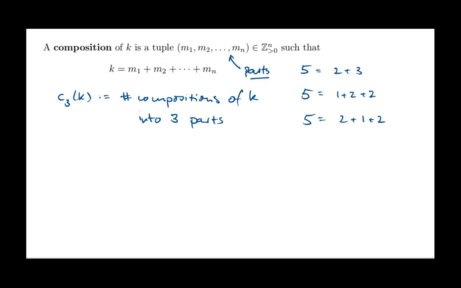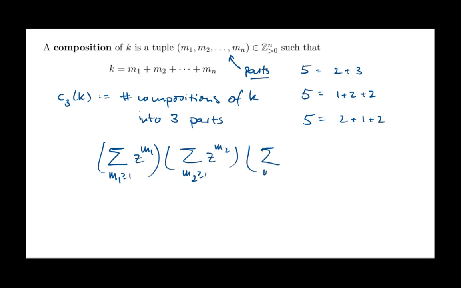Okay, so now to compute the generating function for this counting function, I will do a little bit of sort of generating function setup. So just bear with me for a moment. So let's consider the following product. So I'm going to take sort of a slightly modified geometric series for the variable m1, one for the variable m2, and one for the variable m3.